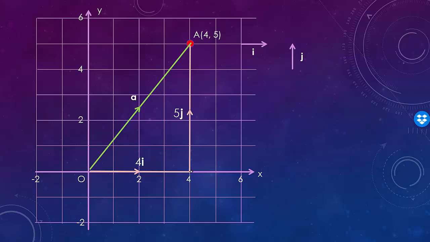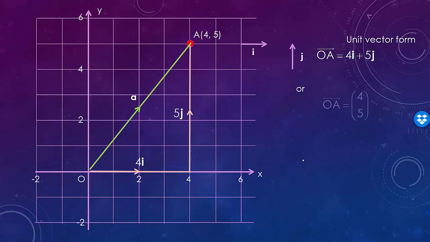And therefore, to go upwards 5 units is 5j. So we can say that OA is 4i + 5j. To go directly here, we just go 4 across and 5 up. In vectors, it doesn't matter whether you go via this route or direct. That's called unit vector form.